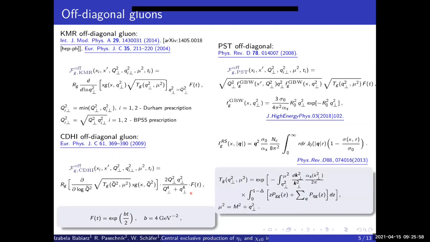As I mentioned before, to describe our process, we need off-diagonal gluons. On the market right now, we can find several of them.